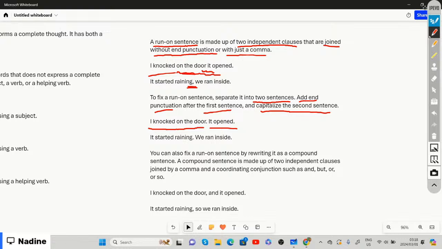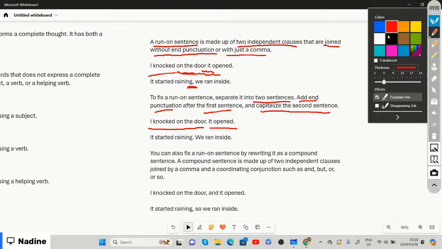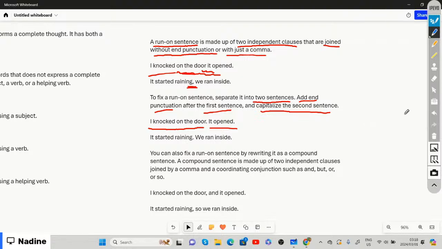And if we were to identify whether it now expresses a complete thought, then I is our subject, knocked is our verb, opened is our verb. So these two sentences, now that they are separated, each express a complete thought.